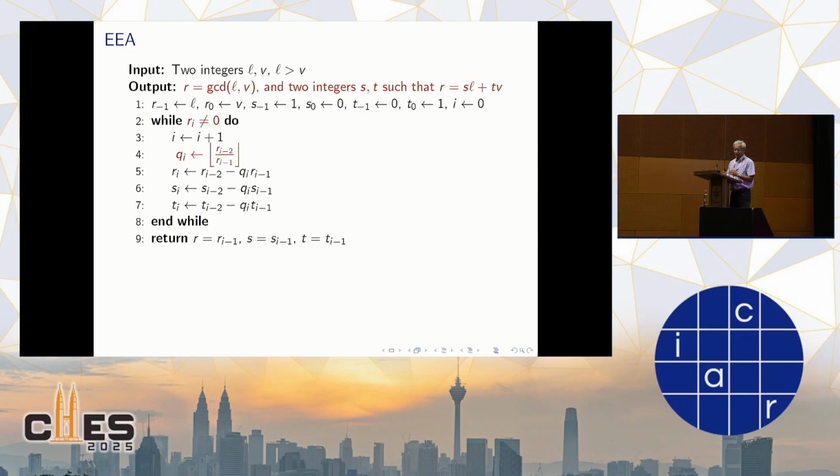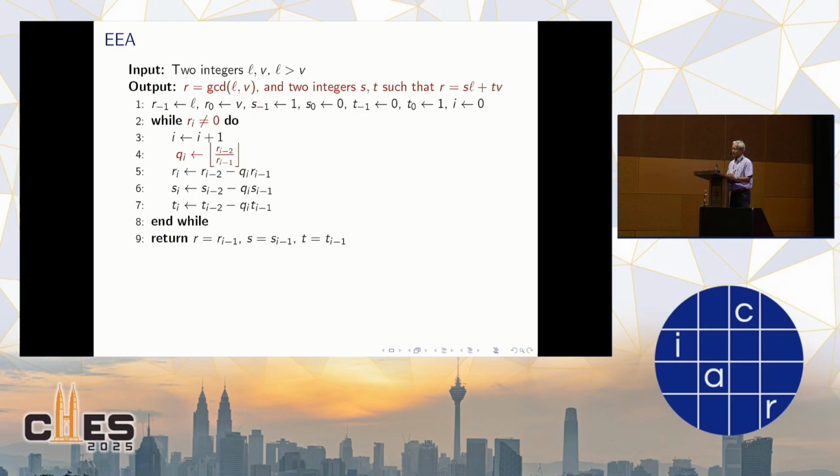So this is actually the relationship that I was showing in the previous slide. But the problem here is that we do not know the length of R or the length of T. We want the length of R and the length of T to be equal to half of the length of L. And that can be achieved simply by stopping this algorithm halfway.